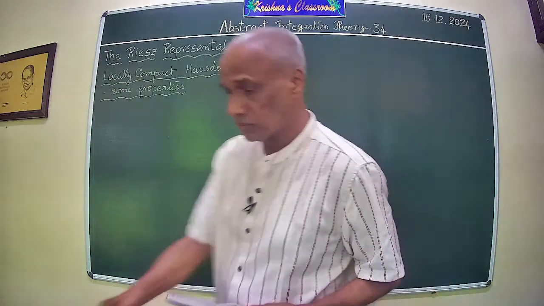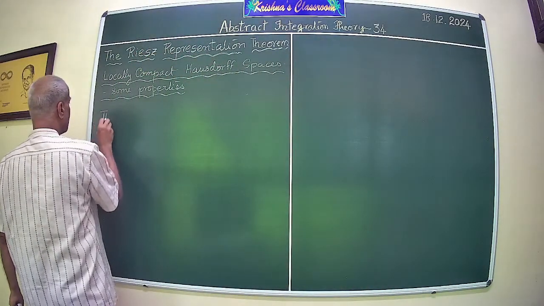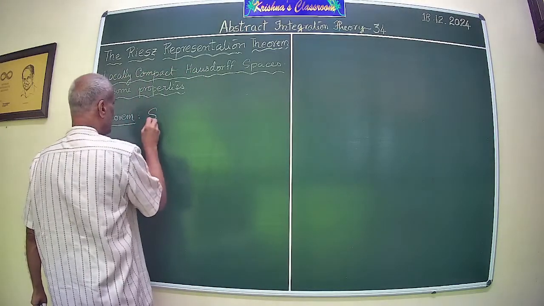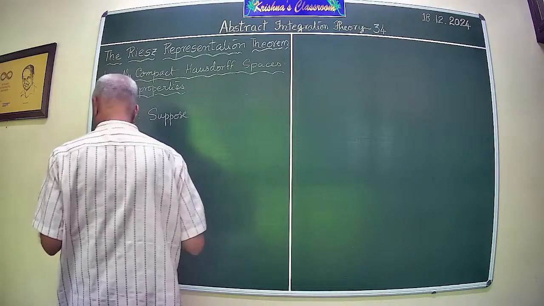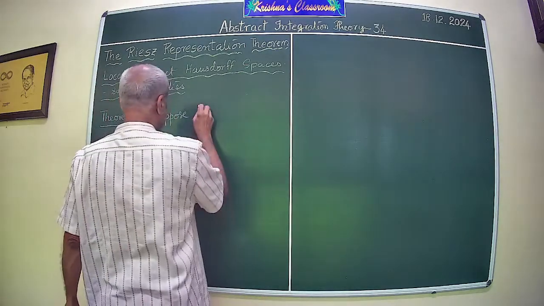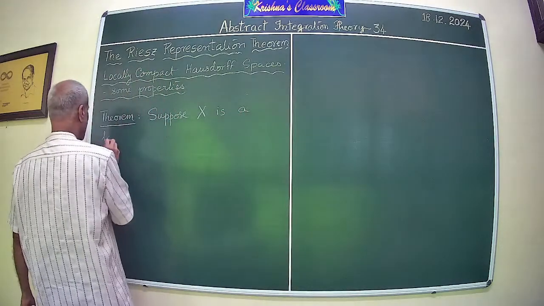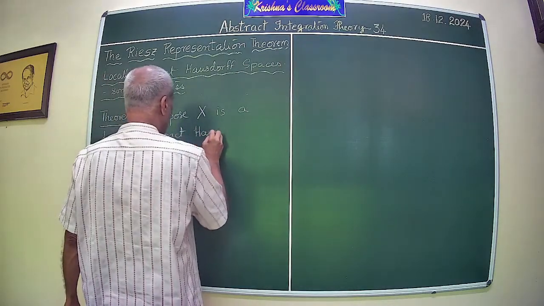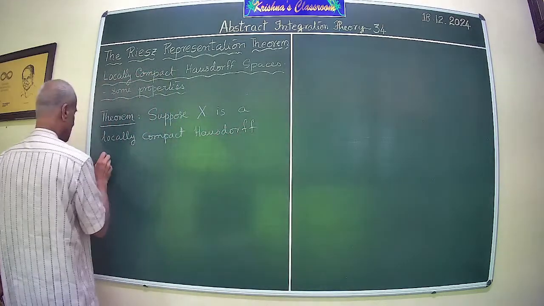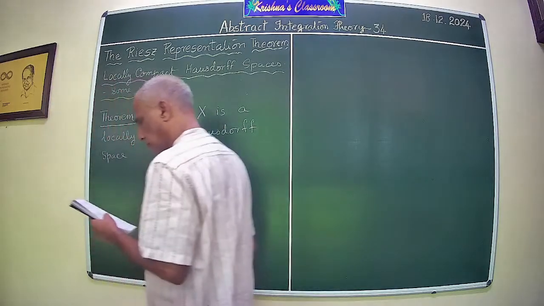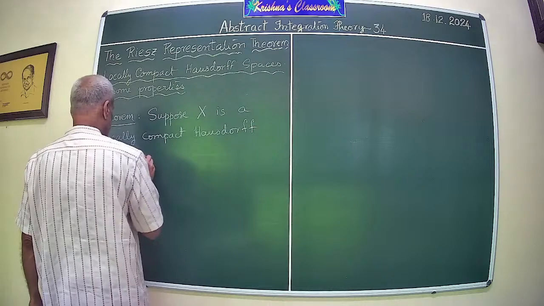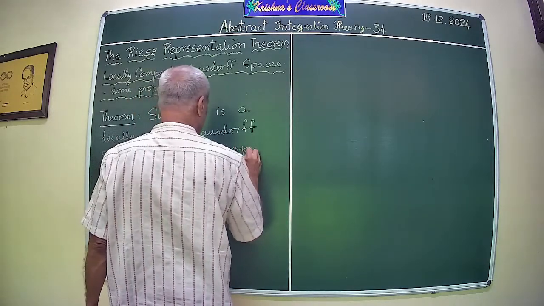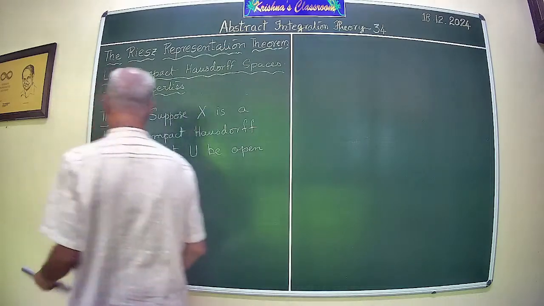So we prove the following theorem. Suppose X is a locally compact Hausdorff space and let U be open in X. That means we are taking X as a topological space.